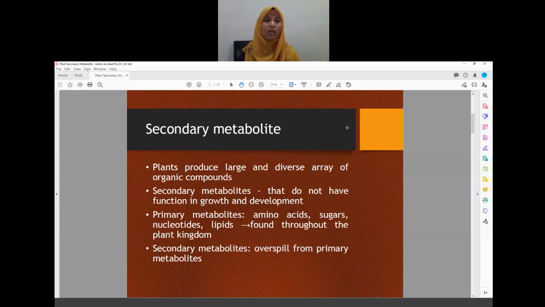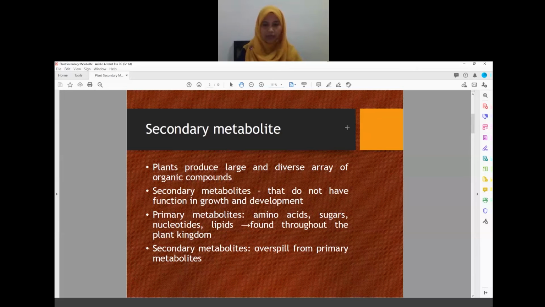Who knows, we can use them for medicinal purposes, therapeutic purposes, and, for example, essential oils for aromatherapy.